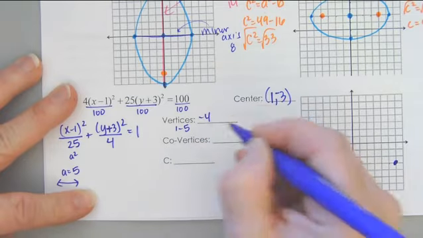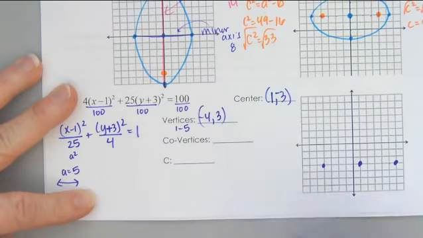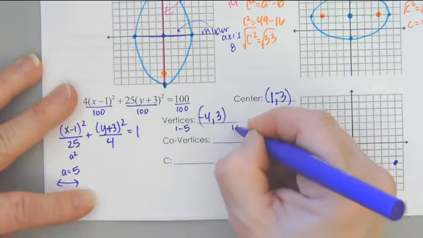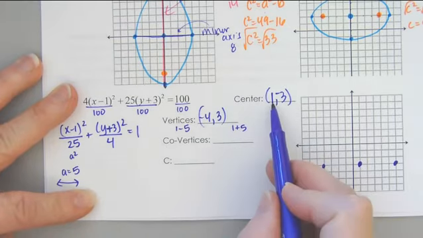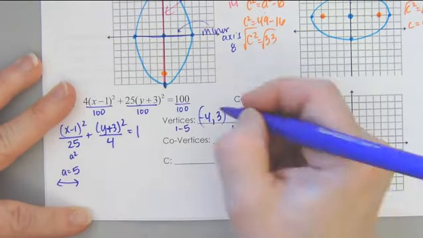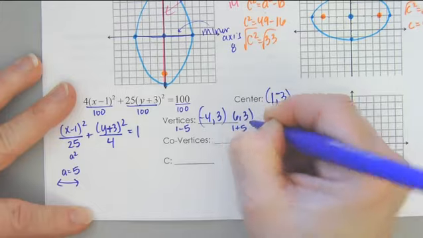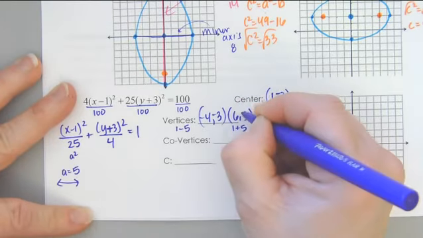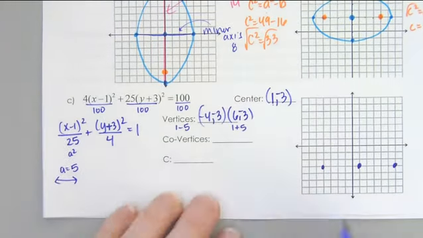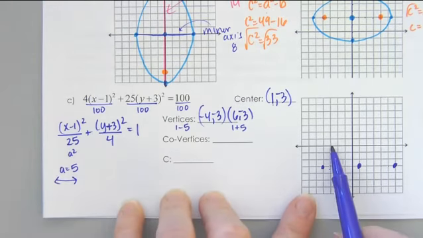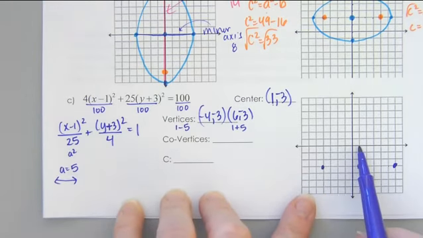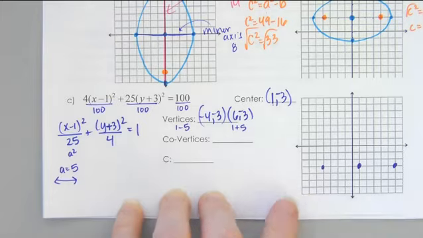The y value stays the same. And I've got 1 plus 5. I'm getting the 1 from right here, and the 5 from right here. 1 plus 5 is 6. Negative 3. I really don't want to write negative 3, do I? So if you double check here, this is at negative 4, negative 3. This is over at 6, negative 3.